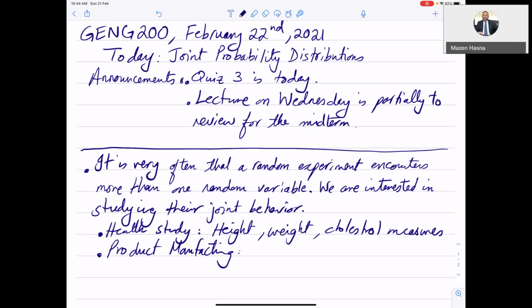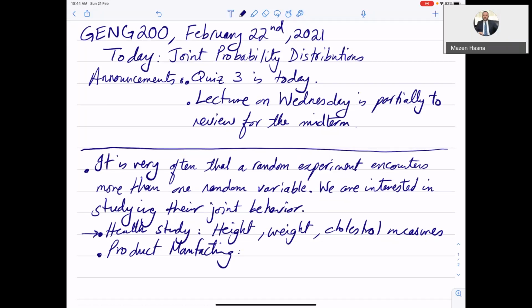There are many examples. In almost all health studies, we see many variables that interact with each other, like the height, the weight, the age, the cholesterol measures, and so on. All of these are different random variables that interact with each other.